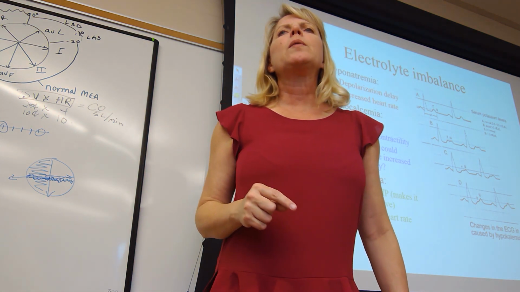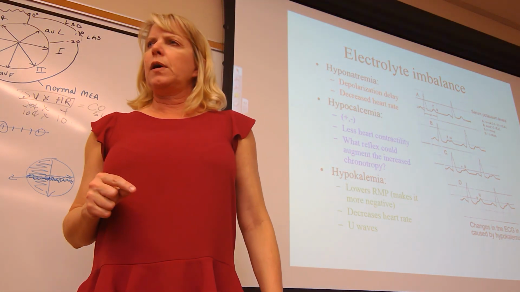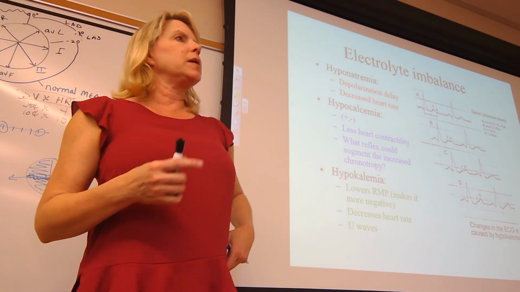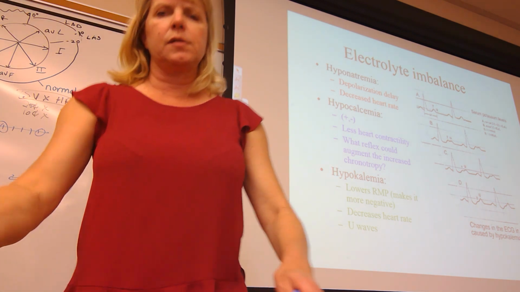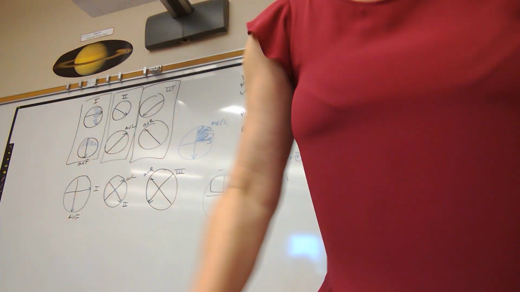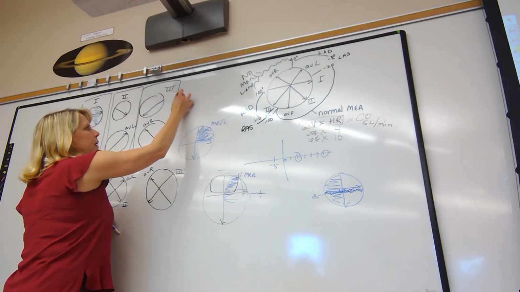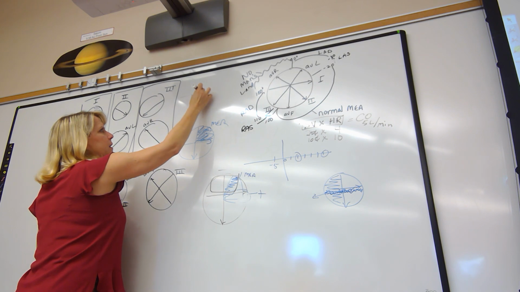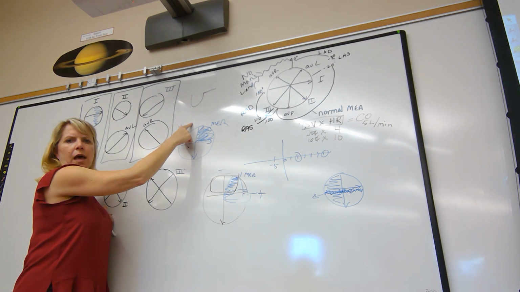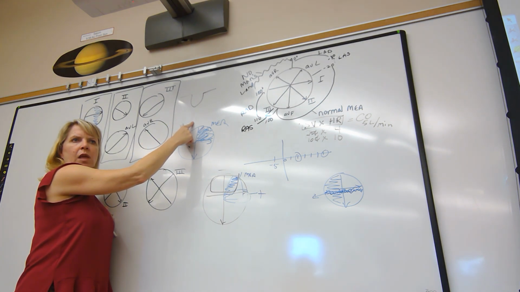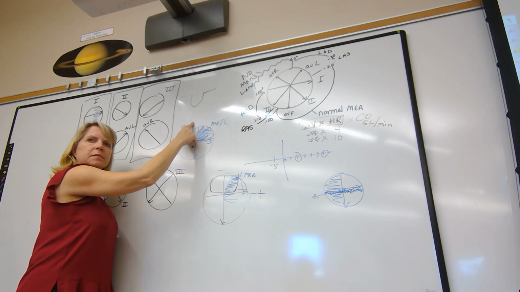Hypokalemia, we would see a U wave on a patient's EKG. Now, what is a U wave? Most students, when they think the letter U, they think, oh, on an EKG, I would see this. Doesn't that look like a U? That is not what you see.